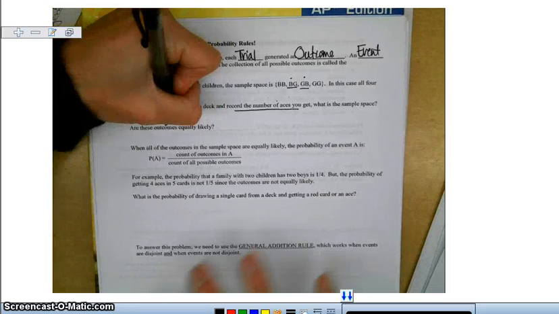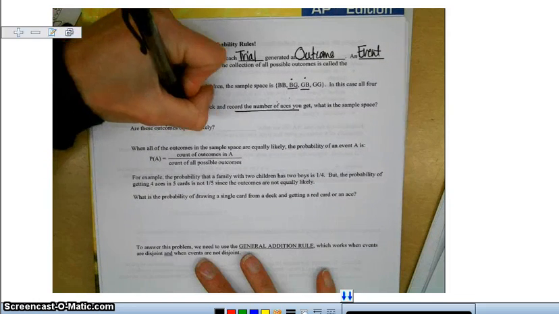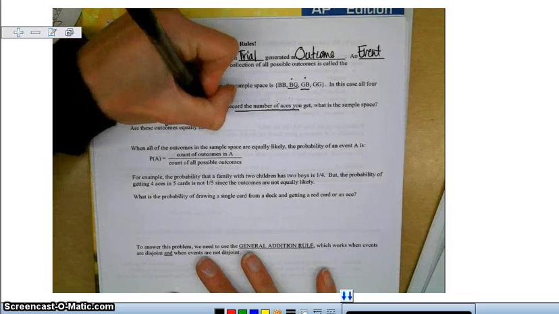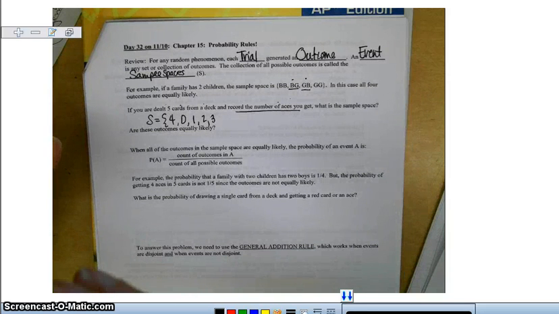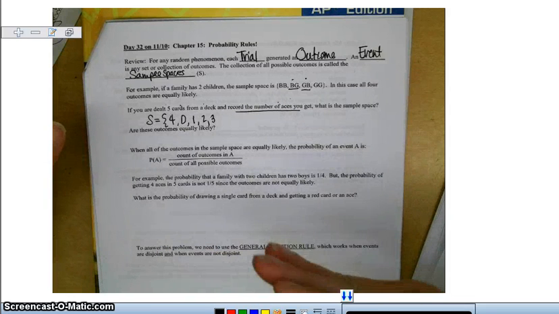I could get 4. I could get 0, 1, 2, and 3. Could I get 5 aces? No, you can't. A deck of cards has 4 aces.